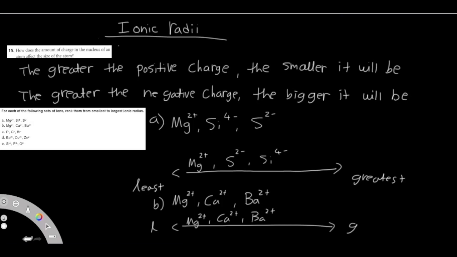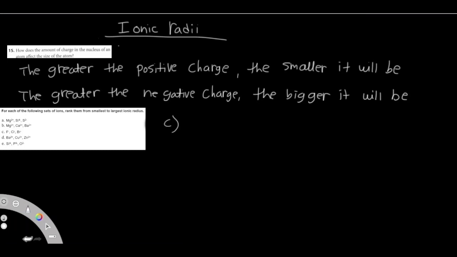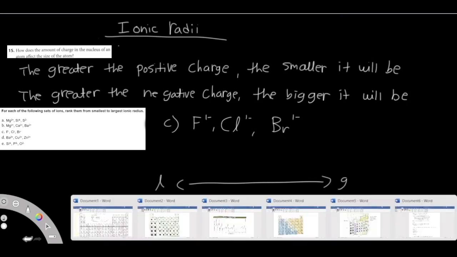All right, let's do C and D together as well. We have F minus, Cl minus, and Br minus. Least to greatest. Let's look at our periodic table. F, Cl, and then Br.